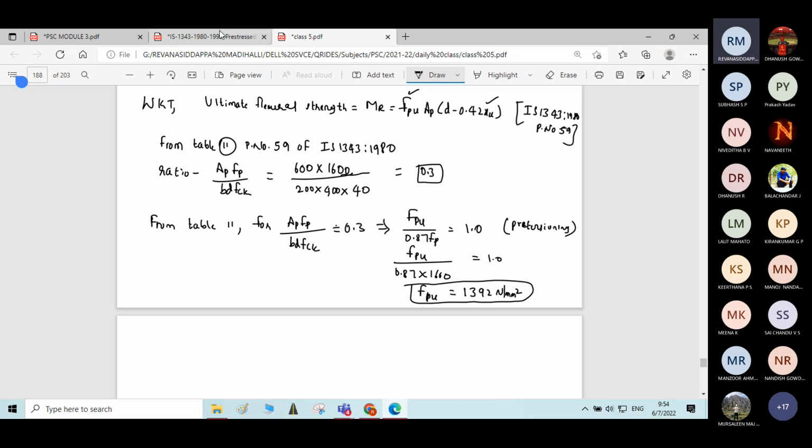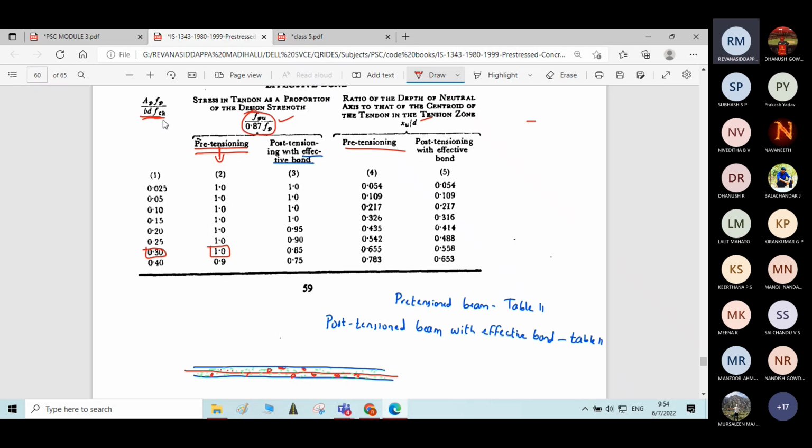Similarly, corresponding to AP FP divided by BD FCK value of 0.3, we need to find the XU by D value by referring to this pre-tensioning column.